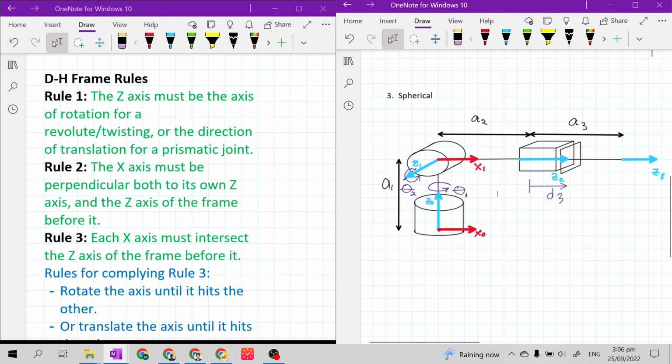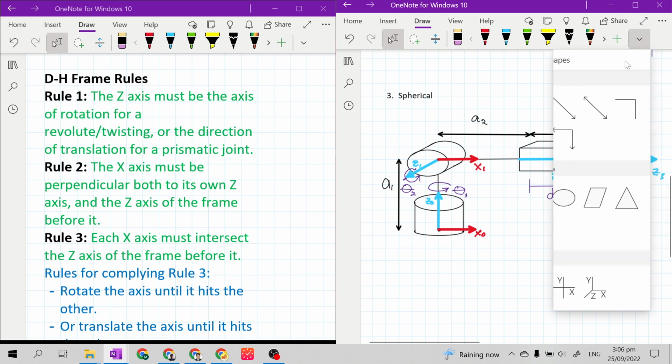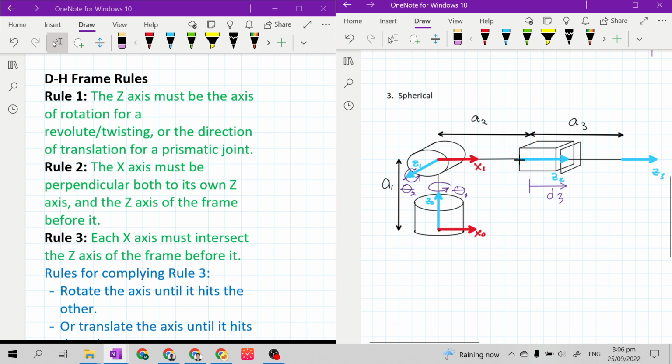Next, for our x sub 2, okay, so we have z sub 1 pointing to the front and z sub 2 pointing to the right. So our only choice is either top or bottom. Okay.